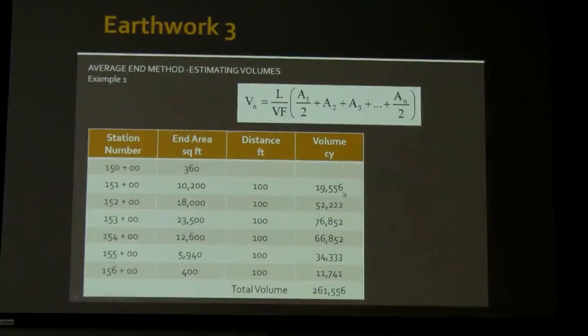We convert it to cubic yards. If you do not divide by 27, you'll have a much larger number. But we want to divide by 27 in order to get our actual volume in cubic yards. Then we do it for each station, and we'll come up with the total volume in cubic yards.